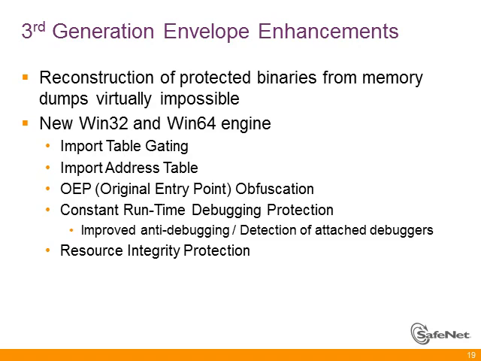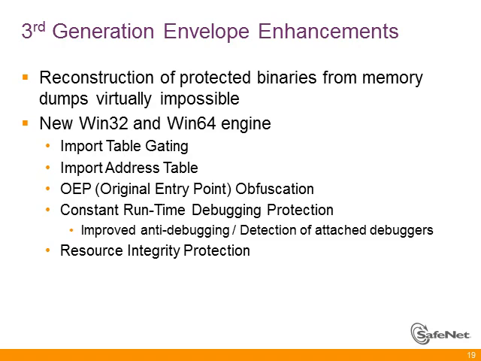This makes the reconstruction of protected binaries from memory dumps virtually impossible. Memory snapshots and dumping are techniques used by crackers, and in some circumstances provide insight into the original application source code. And really, this is exactly where Envelope excels. Envelope makes that process virtually impossible.